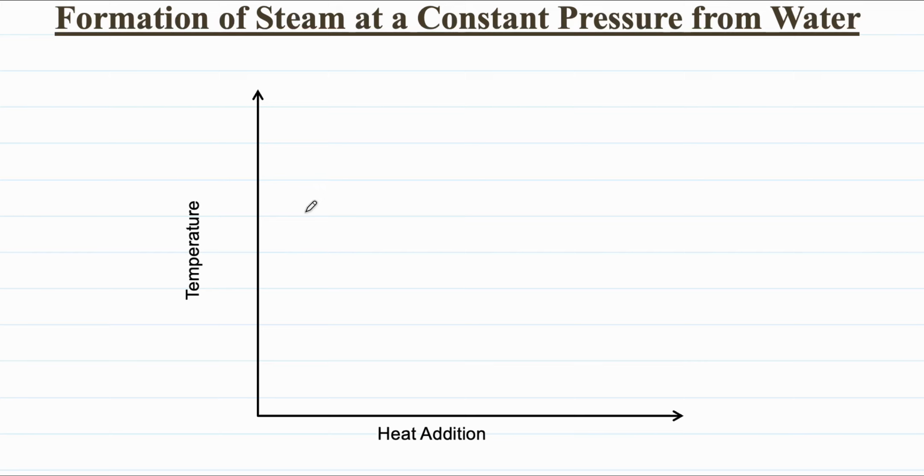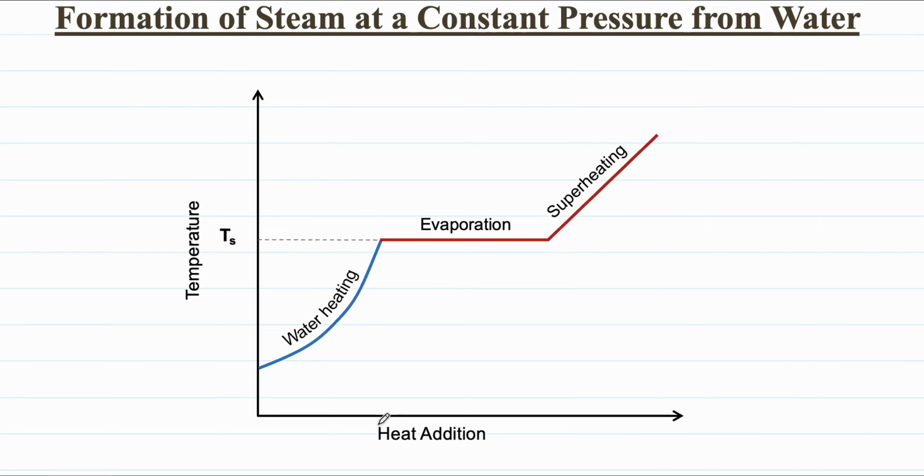This is a graphical representation of formation of steam at constant pressure from water. So we can see we have temperature against heat added to the water. The initial heating is the sensible heating of water, after which the water is evaporated at the saturation temperature and it is superheated to TSUP.